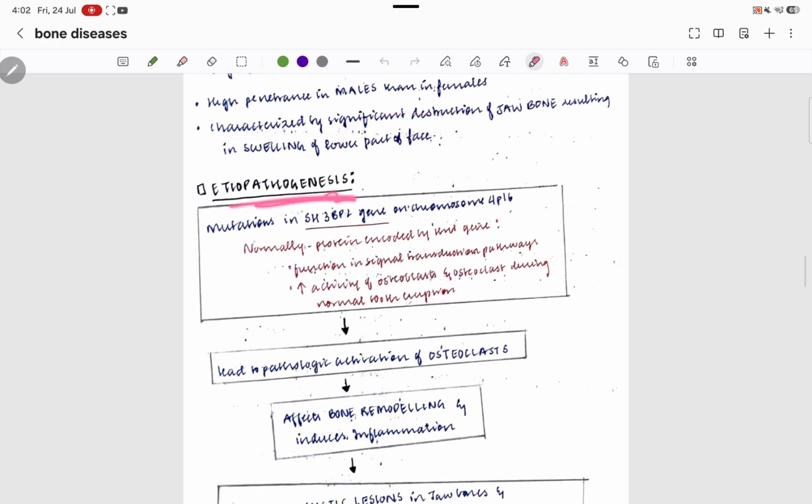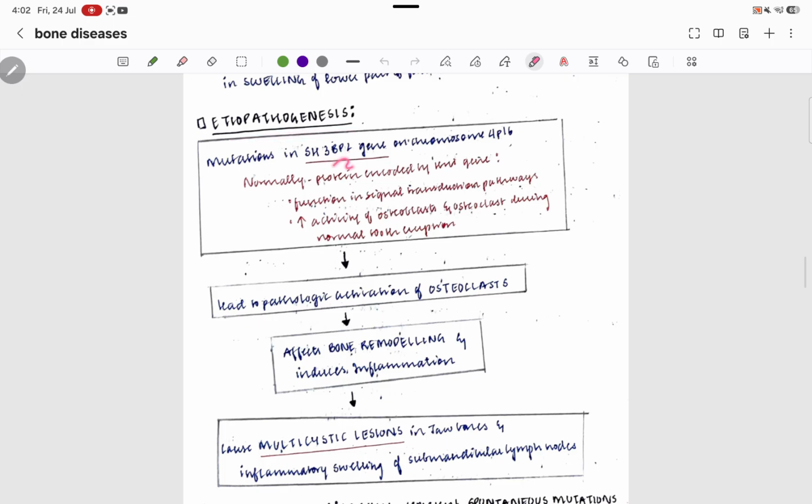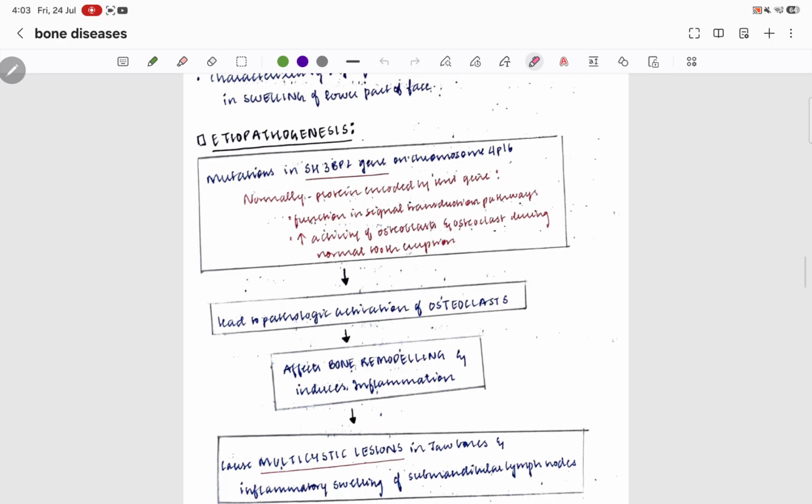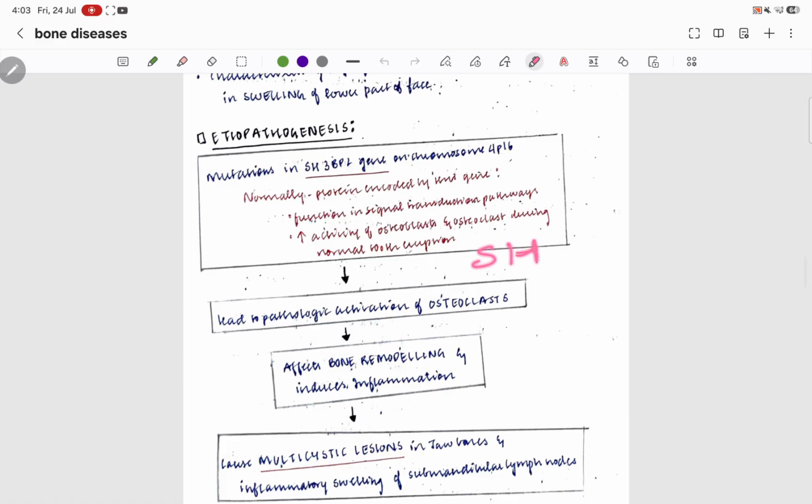Now coming to the etiopathogenesis, there is a mutation in the SH3BP2 gene on chromosome 4p16. Normally the protein encoded by this gene is functional in signal transduction pathways, increasing the activity of osteoblasts and osteoclasts during normal tooth eruption. So what is happening here is that there is a mutation in this gene, SH3BP2.